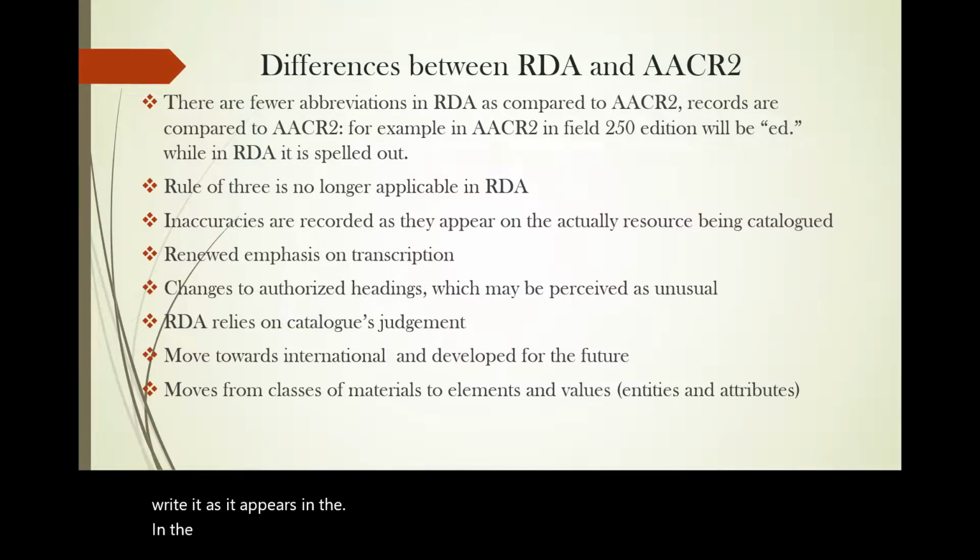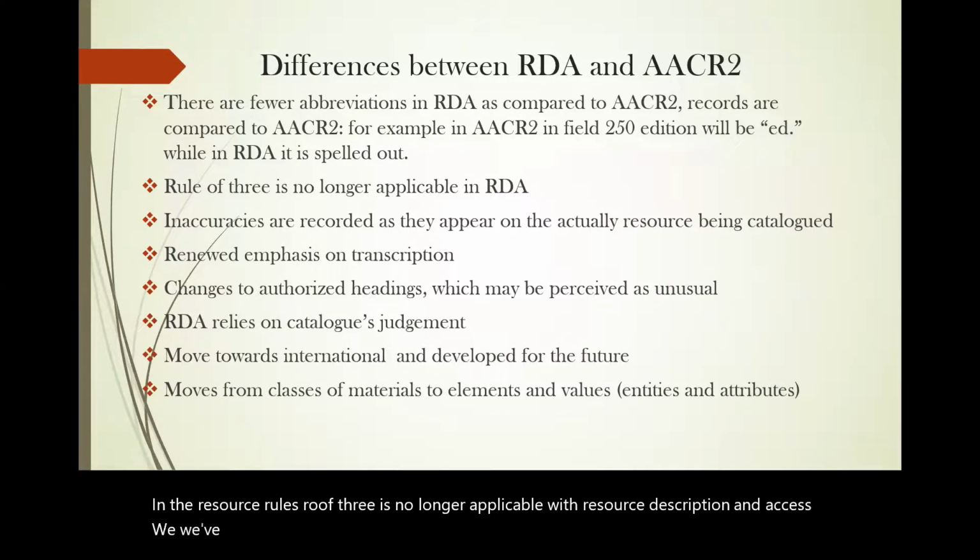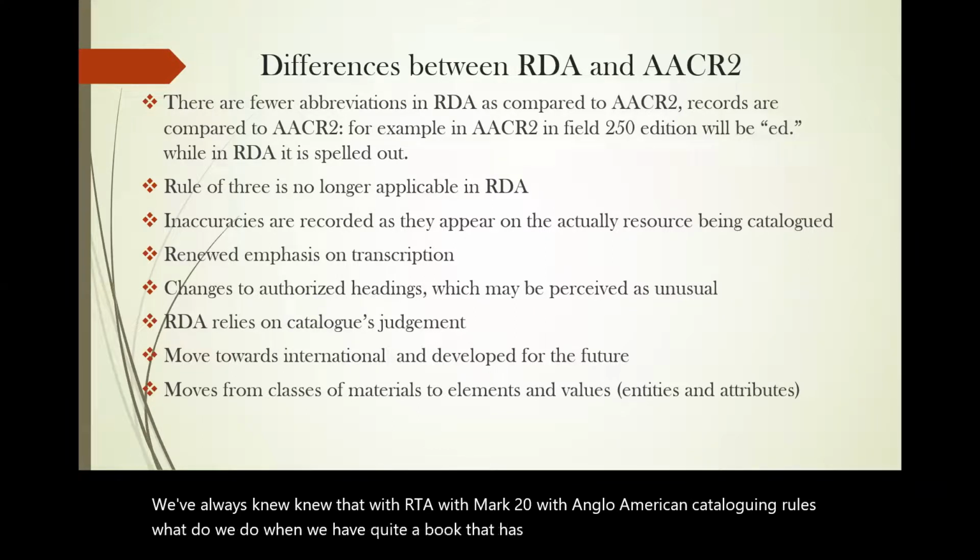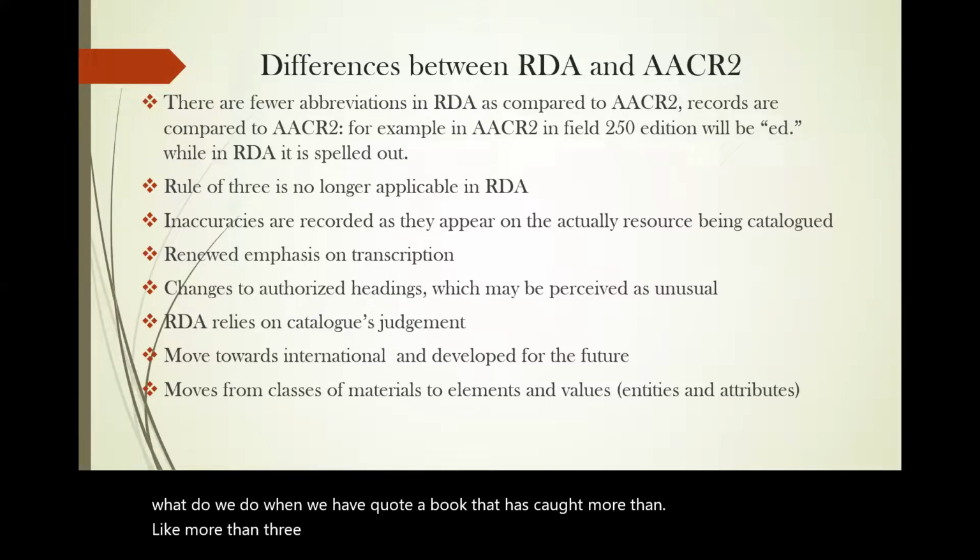The rule of 3 is no longer applicable with Resource Description and Access. We have always known that with AACR2, with MARC 21, with Anglo-American Cataloging Rules, when we have a book that has more than 3 authors, we apply the rule of 3, meaning that if there are 4, we write only the first author, then et al.